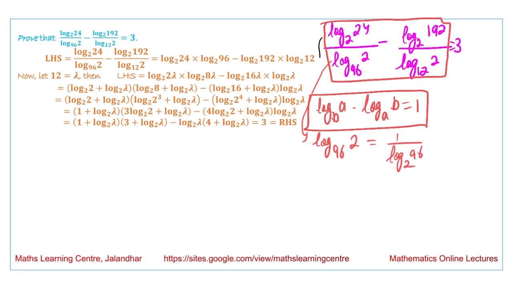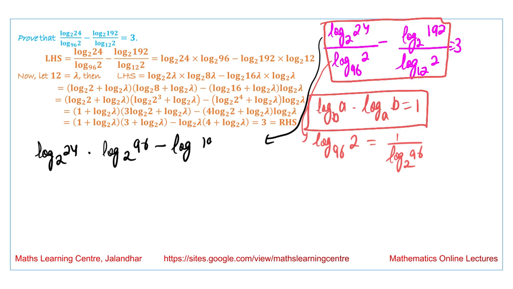So this expression will transform to log 24 to the base 2 into log 96 to the base 2 minus log 192 to the base 2 into log 12 to the base 2.